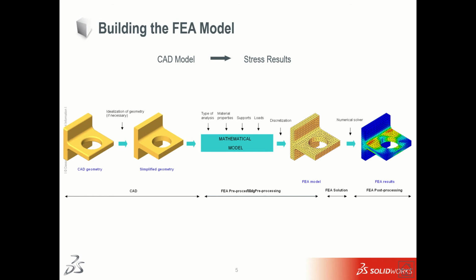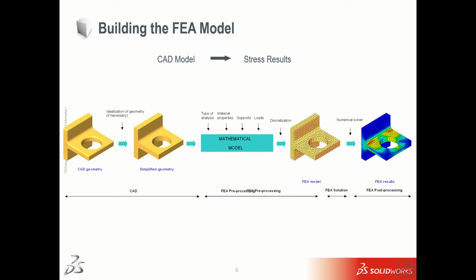Now, basic finite element analysis has three steps. Basically, first is pre-processing, then solution, and afterwards post-processing. Under pre-processing, the steps are as follows. First is your CAD geometry.